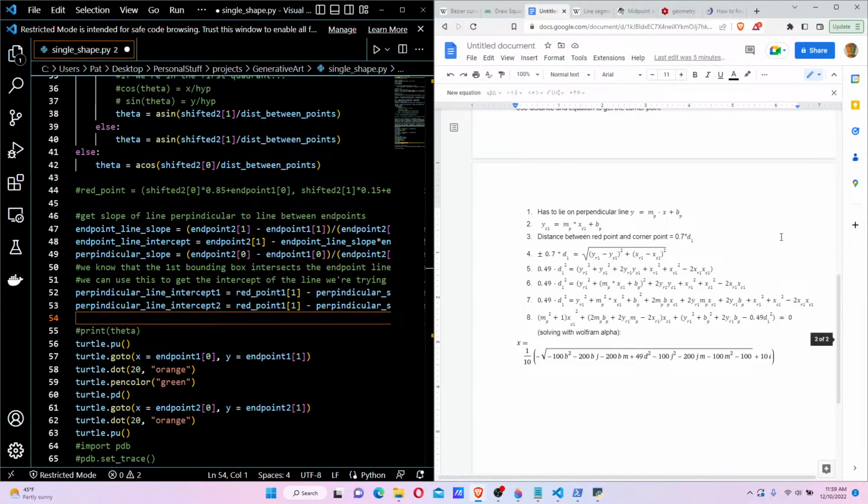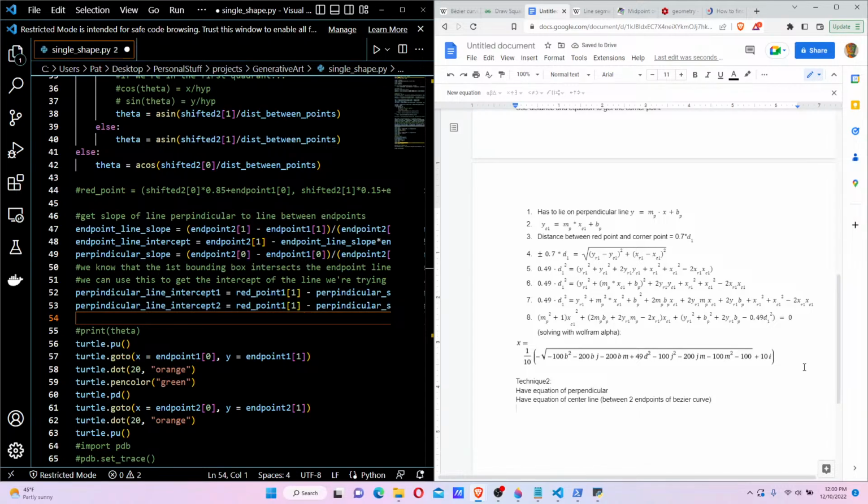So I have the equation of the perpendicular line. I'll just say technique 2. I have equation of perpendicular line, have equation of center line, that's what I'm going to call it now, which is between two endpoints of the Bezier curve.